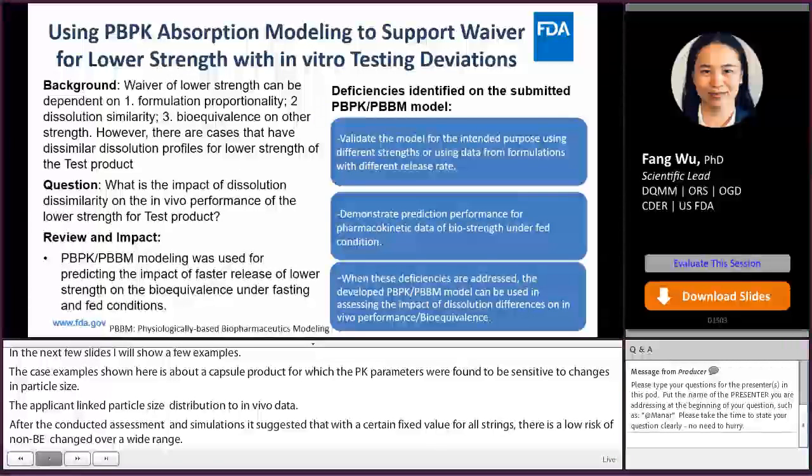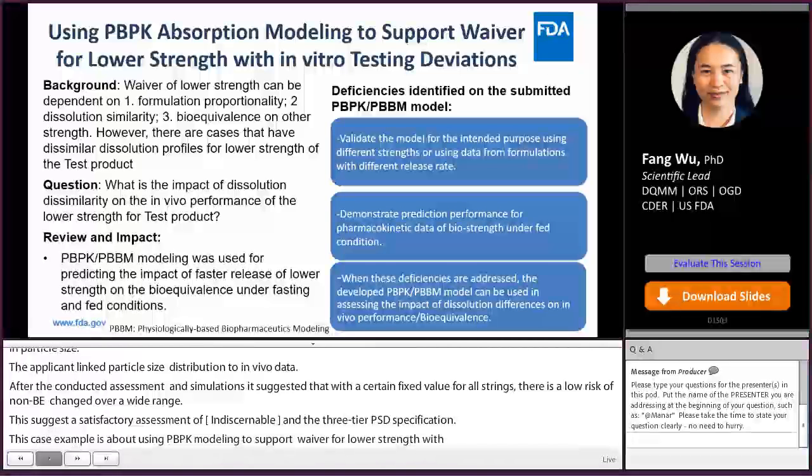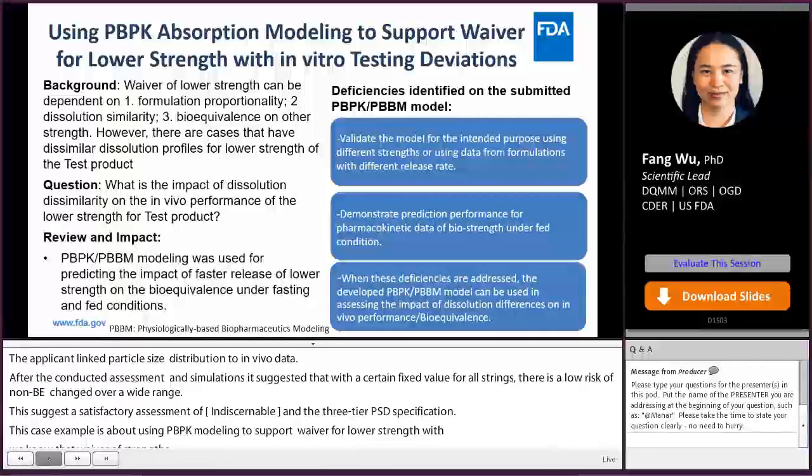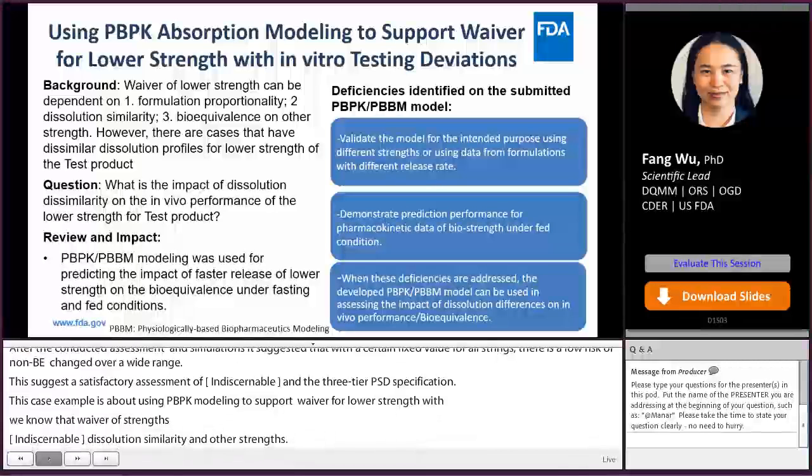This case example is about using PBPK absorption modeling to support waiver for lower strengths with in vitro testing deviations. We know that the waiver of lower strengths can be dependent on formulation proportionality, dissolution similarity, and bioequivalence on other strengths. However, this case example has dissimilar dissolution profiles for lower strength of the test product.